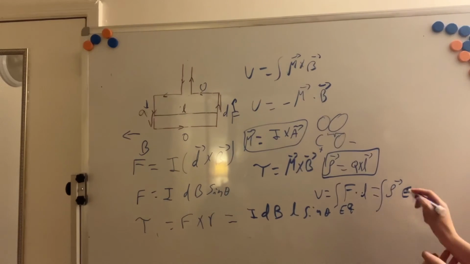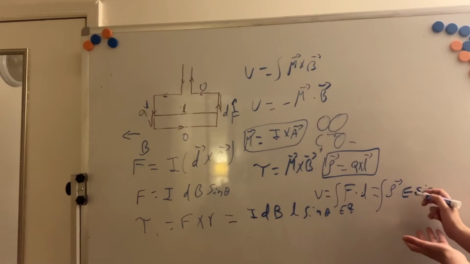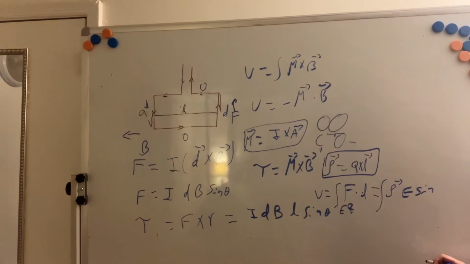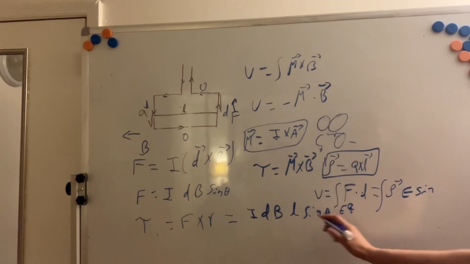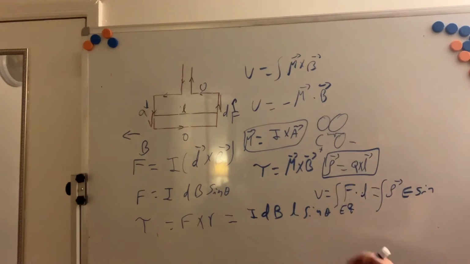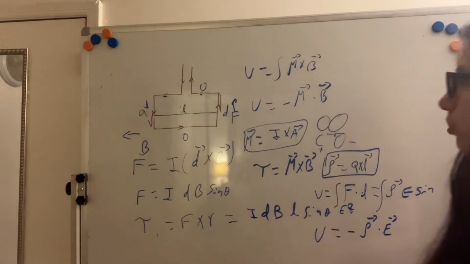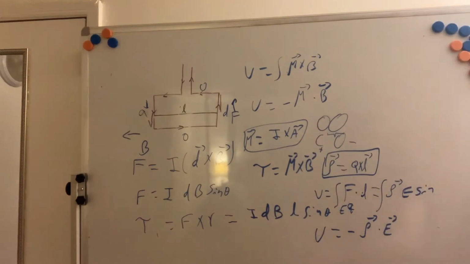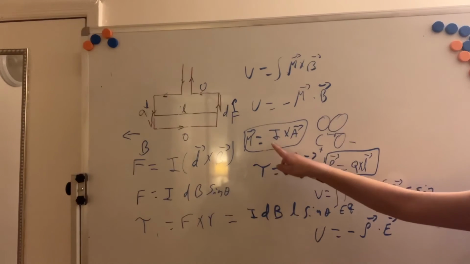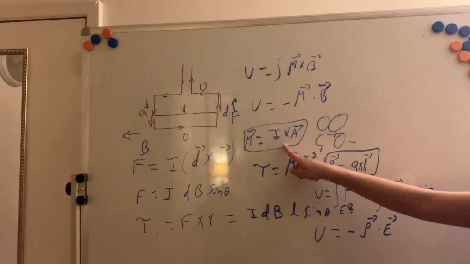And since here we have a sine, or you can put the cross product, then when we take the integral, we have negative cosine, and so the energy is the negative of the dot product of the electric dipole moment and the electric field. So the magnetic dipole moment is the cross product of the current times the area of the current loop.